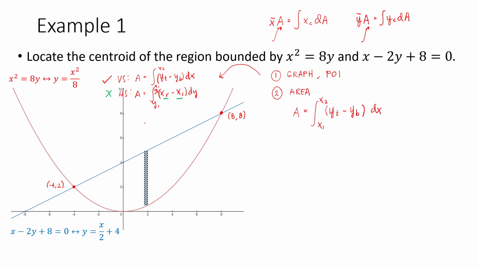So again, the blue graph will be your y top. And again, we'll be isolating it in terms of x, so y equals x something. So this is our y top.